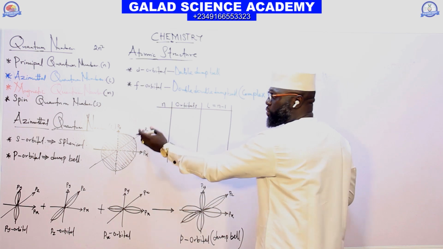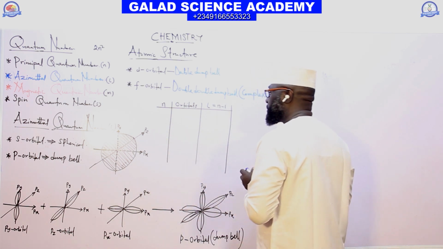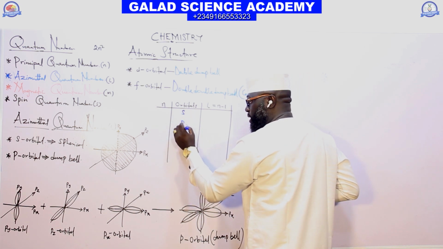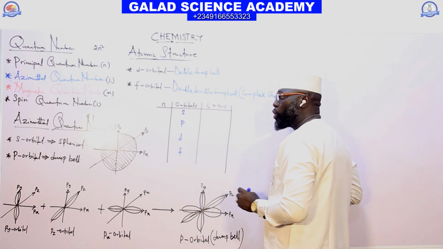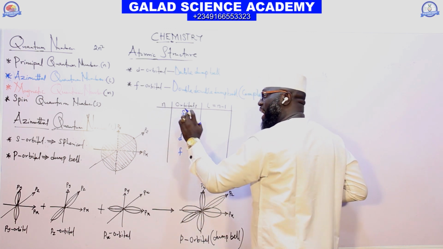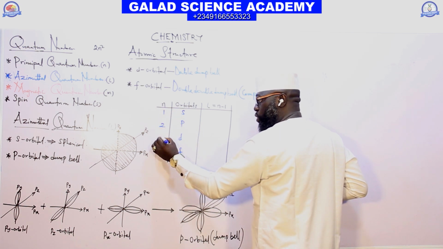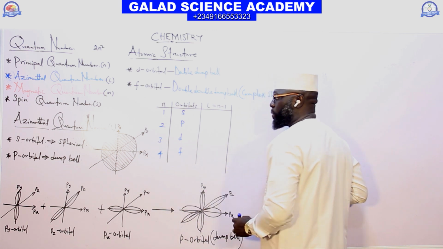So the types of orbitals we have are S orbital, P, D, and F. The principal quantum number for S orbital is 1, for P orbital is 2, D orbital is 3, F orbital is 4.